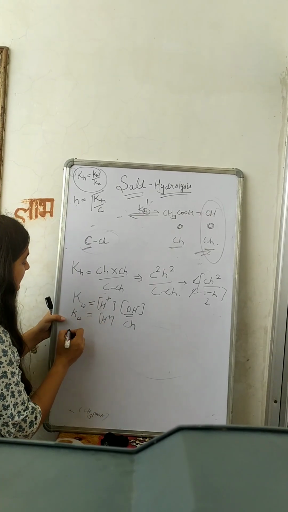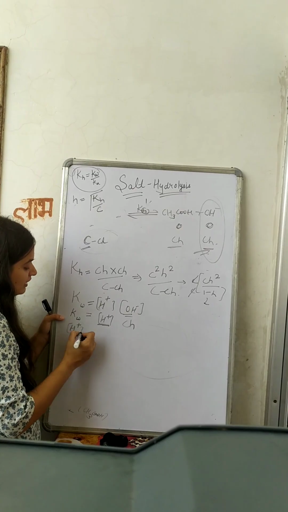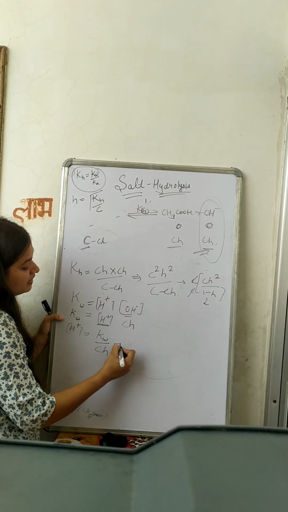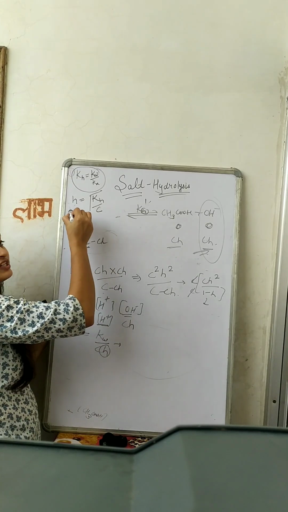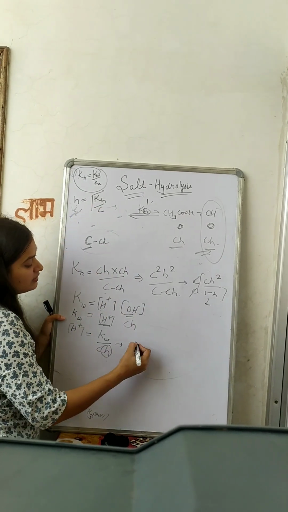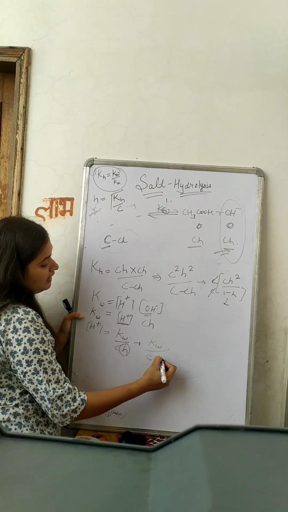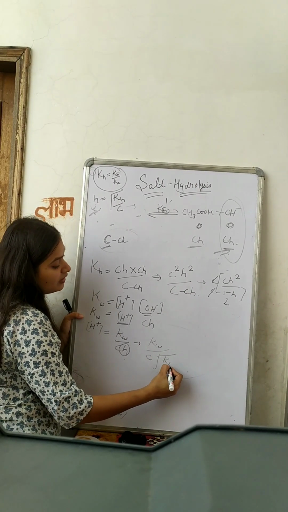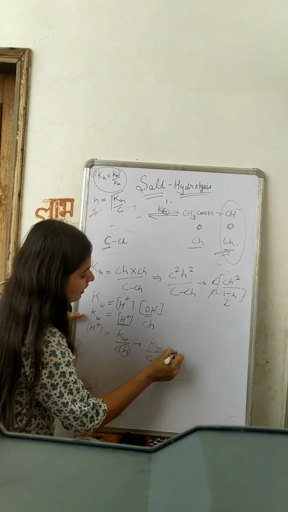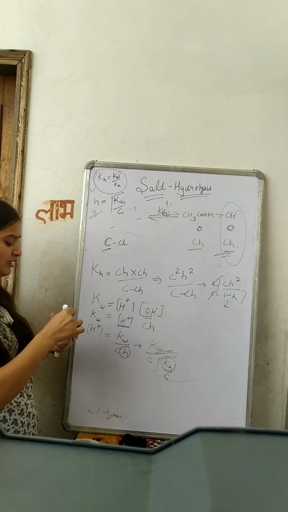So when we calculate the concentration of this H positive, it is equal to Kw by Ch. And we have the value of h here, so we can put this value of h here. So Kw divided by C, and what is the value of h? That is the under root of Kh by C. As you know, we also have the value of this Kh. What is the value?